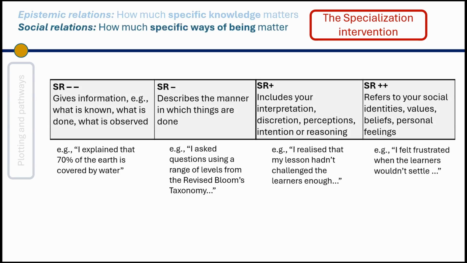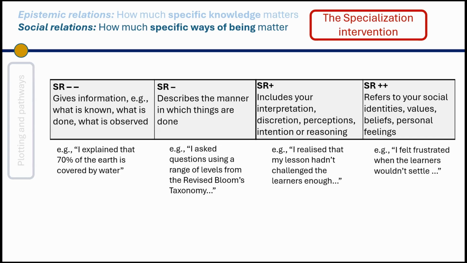Then the relative strengths of social relations give how much particular ways of being, dispositions, and patterns of cognition matter for success in a particular practice. So to analyze their reflections, we gave them this translation device. So when the social relations are very weak at the left-hand side, they simply say what was done in the lesson.